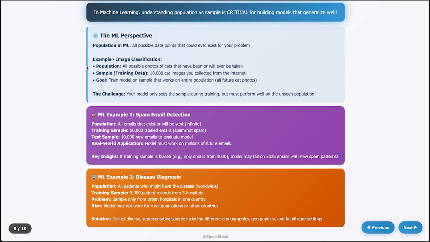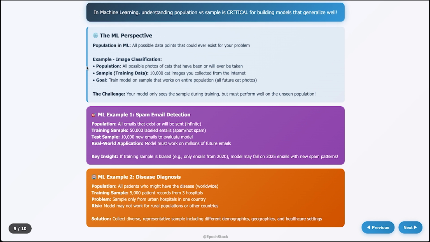So in that case you take 50,000 labeled emails, spam or not spam, and out of that you use 40,000 emails to train the machine learning model, and the remaining 10,000 will be used to evaluate the model.